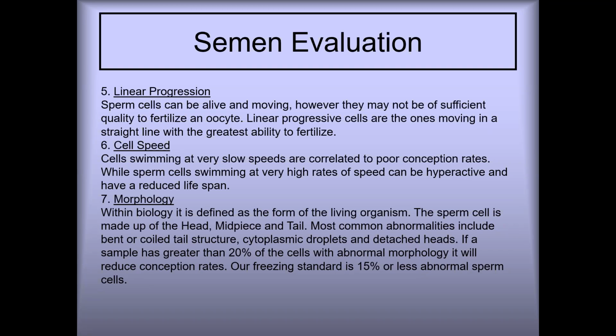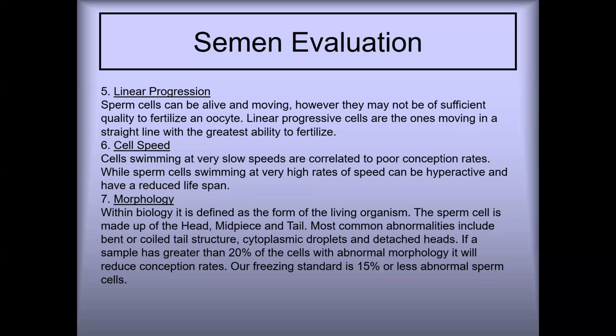And then probably the other big one that we deal with is morphology. Again, you can have a good collection. There can be a lot of movement on the screen. When you start to look at the cell structure, or the morphology, which is basically the form or the structure of a living organism, if there's a significant amount of abnormalities, that's going to impact conception rate.